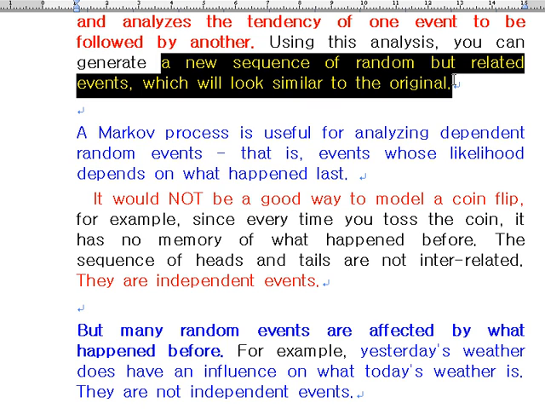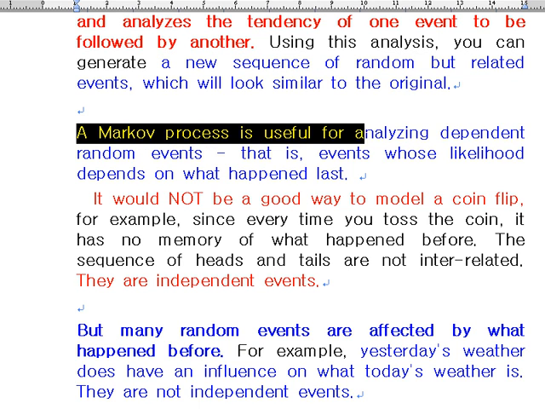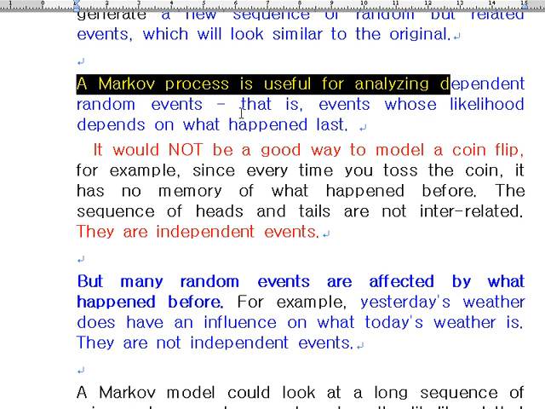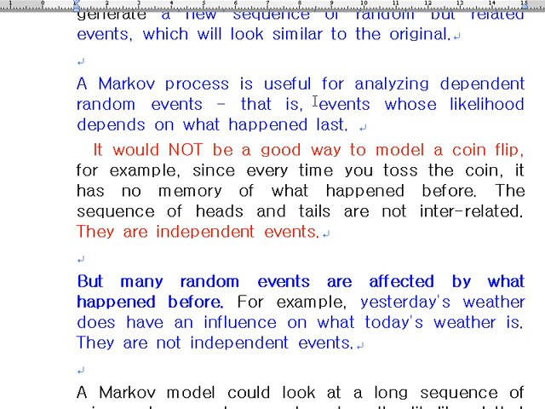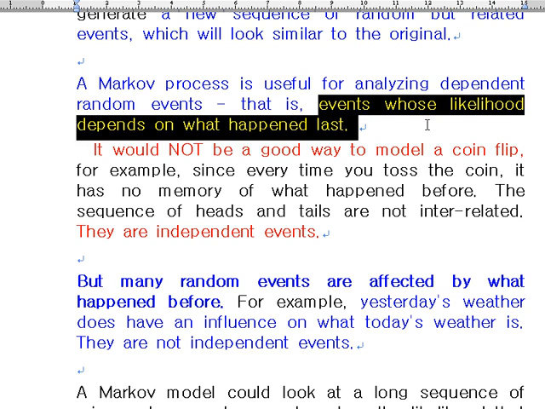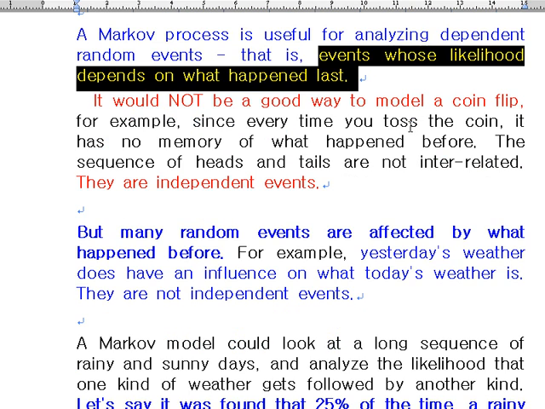So it analyzes the situation where a new event depends on the previous event. A Markov process is useful for analyzing dependent random events, that is, events whose likelihood depends on what happened last.